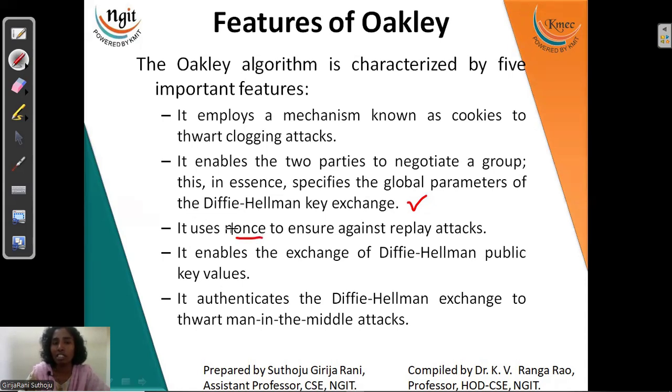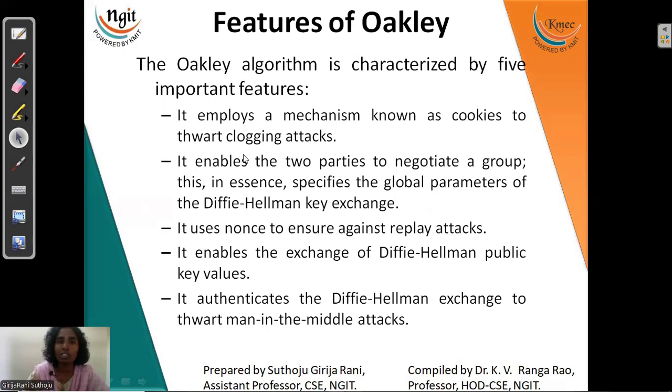When a nonce is utilized, the nonce will be created only once and utilized only once. So there is no chance of replay attacks, right? And at last, it can eliminate the man-in-the-middle attack as we are utilizing the Diffie-Hellman algorithm. So these are a few advantages and features of the Oakley algorithm.